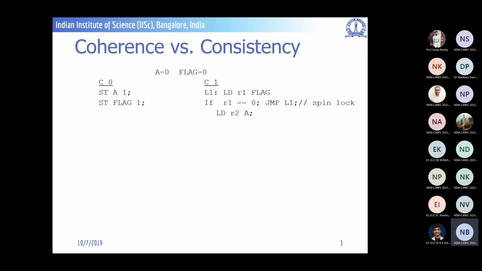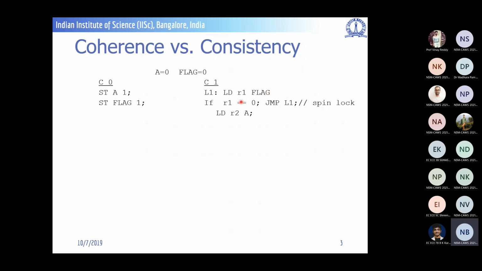Now take a look at this simplistic pseudocode of a two-thread multi-threaded application. I think you can understand the purpose of this code. There is this variable A, and there is a particular flag, and you're updating it from thread 0 running on core 0. You're updating that value, setting a flag, and thread 1 running on core 1 is waiting on that flag.